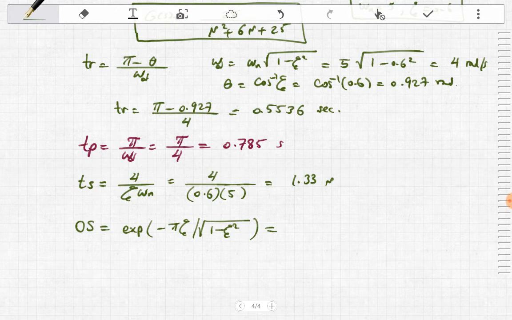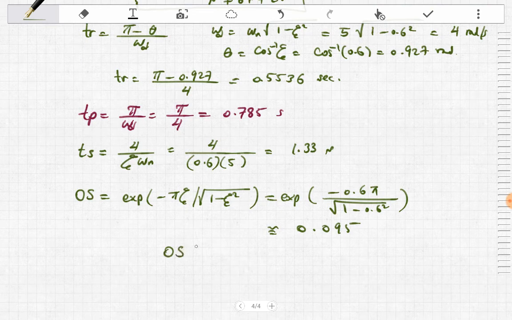So let's find this value: exponential of minus 0.6 pi over square root of 1 minus 0.6 squared. That gives 0.095, 947, which we round. And if you would like to express overshoot in percentage, multiply by 100. So what do you get? 9.5%. That's right.